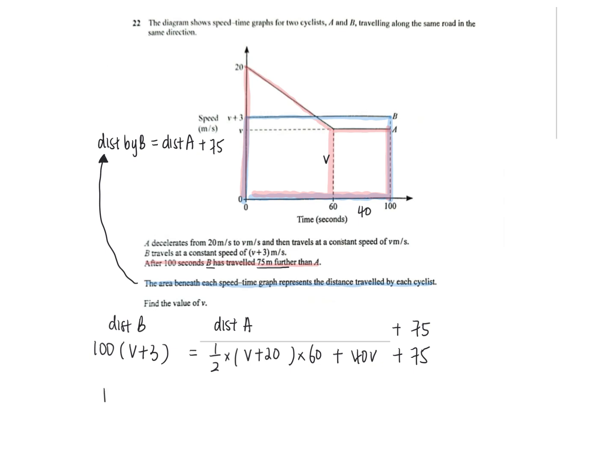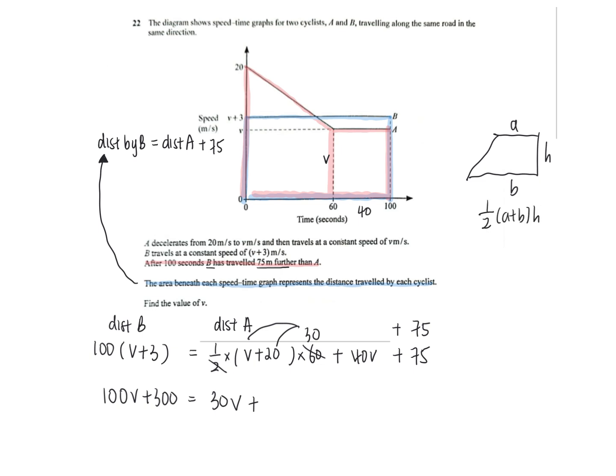Okay, so go and simplify everything. This is 30 V B plus. Because a trapezium, you remember, is sum of the parallel lines. So half times sum of parallel lines times height.